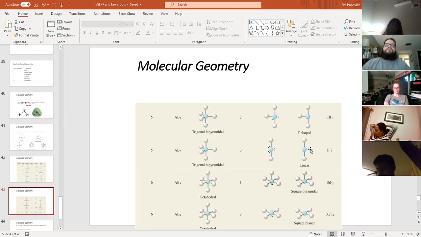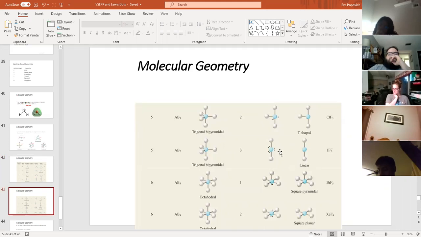If I have 6 things around my center atom, it's octahedral. No lone pairs, the molecular shape is also octahedral. If I have 1 lone pair, I have a shape that is square pyramidal. 2 lone pairs, square planar.